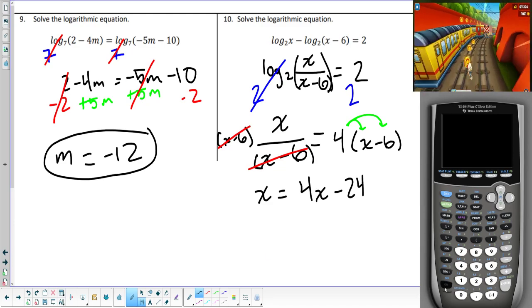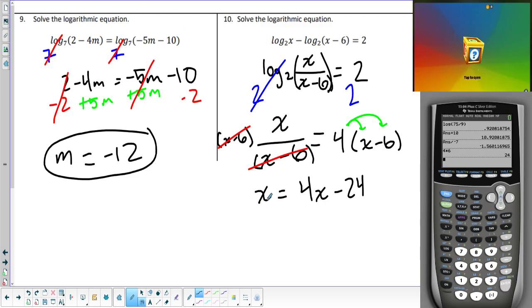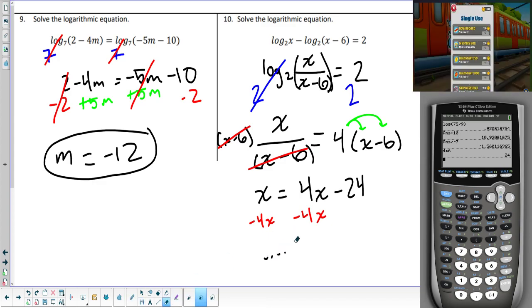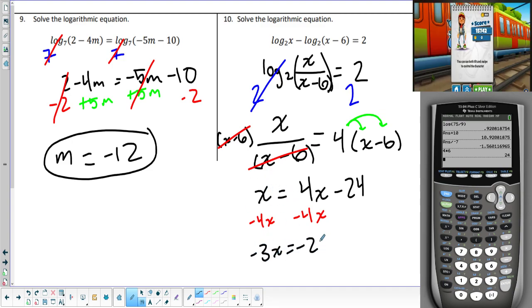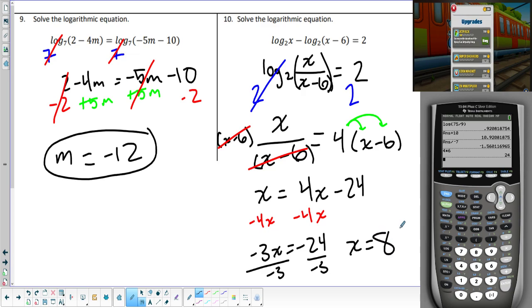And now we can just solve for x. So I'll subtract 4x, and positive x minus 4x is negative 3x equals negative 24. Divide both sides by negative 3, and you get x equals 8.